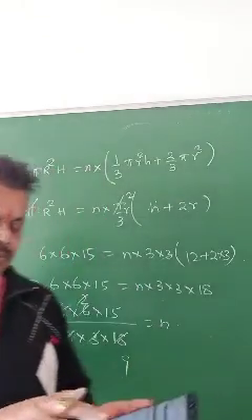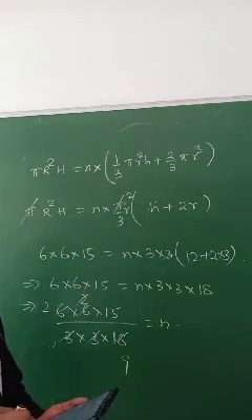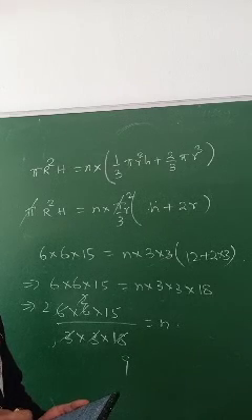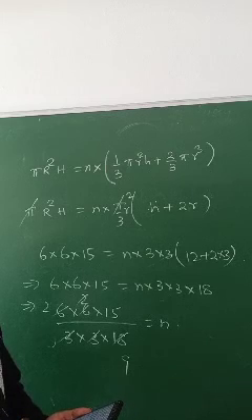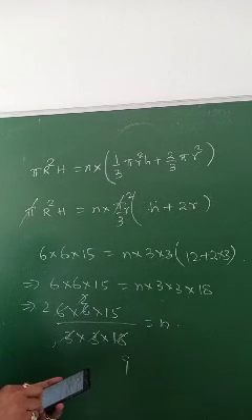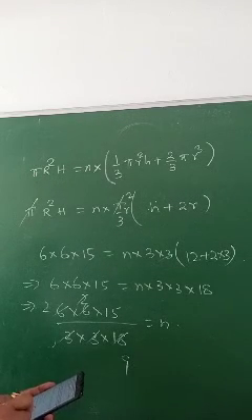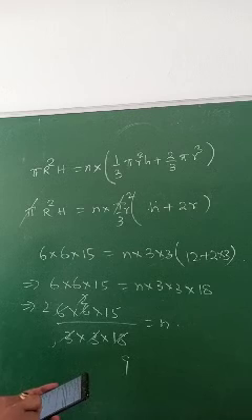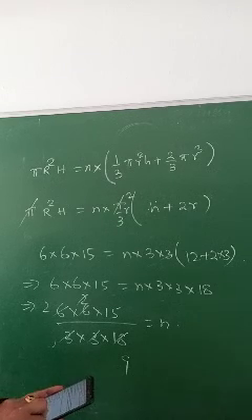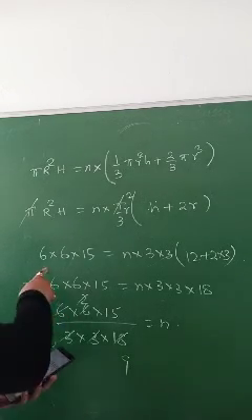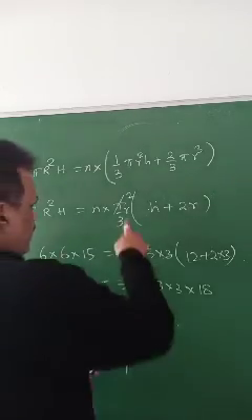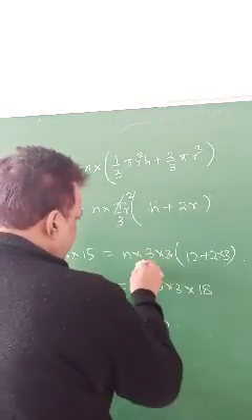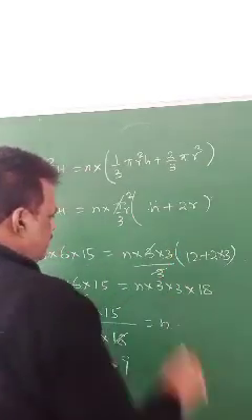Let's check it again. Fraction is coming. Pi r square h, 6 into 6 into 15. Oh, there is one by 3 here. So 1 by 3 has to cancel, no?